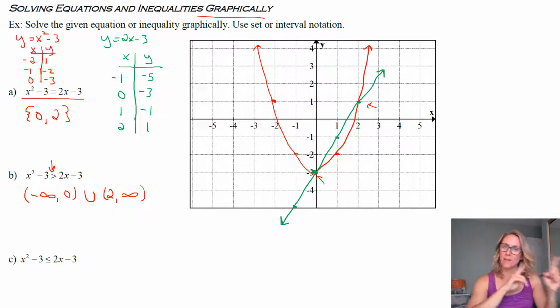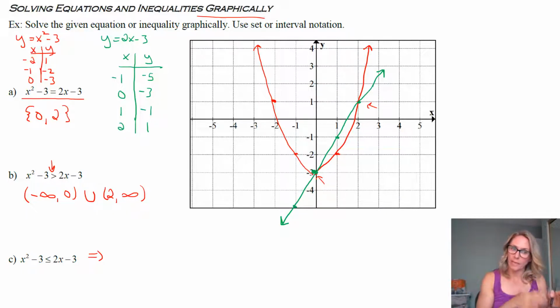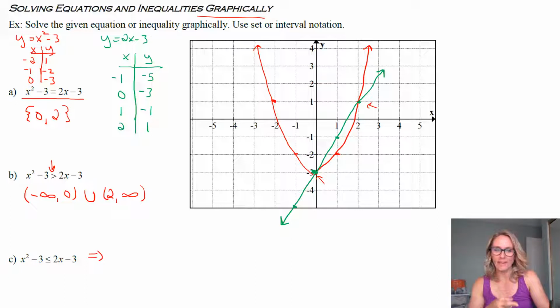And then, kind of like what we saw before, answering this last question is actually really fast. We do have equal to, so we have to think about the places where the two sides are equal, what x values make that happen. But it's really just anything that we didn't include already from part B. So we can see that you're looking for when the green line is greater than the red parabola, and that occurs from 0 to 2.